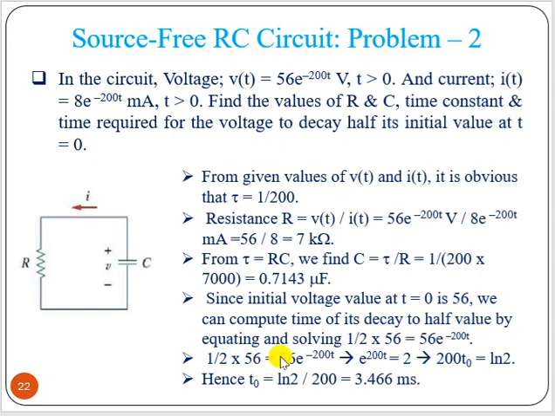Half here, then we can take e to the power 200t, that will be 2. Then 200 t0 equals ln of 2, so you can find t0, when the initial voltage becomes half. So this is the problem where, knowing the values of V and I, you can find the values of R and C and the time to reach half value, 1/4 value, whatever.